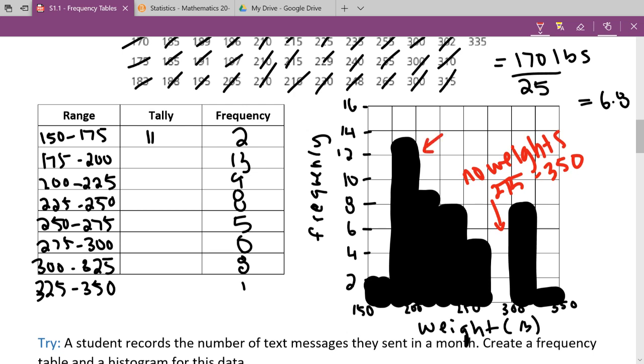We can see the most common weight for these football players is between 175 and 200. And we can see that on the edges, right, there's not really a lot of low weight players, and there's also not really a whole lot of high weight players.